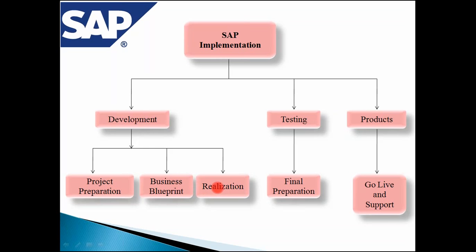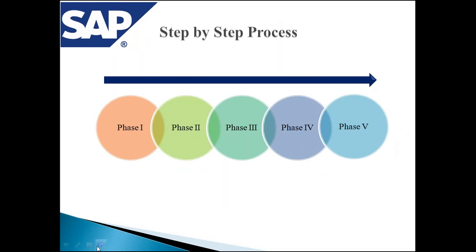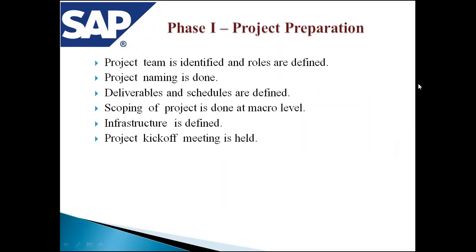Our realization, what it consists of, testing, final phase, production, and go live and support. Totally five phases. In the first phase, the project team is identified and roles are defined.